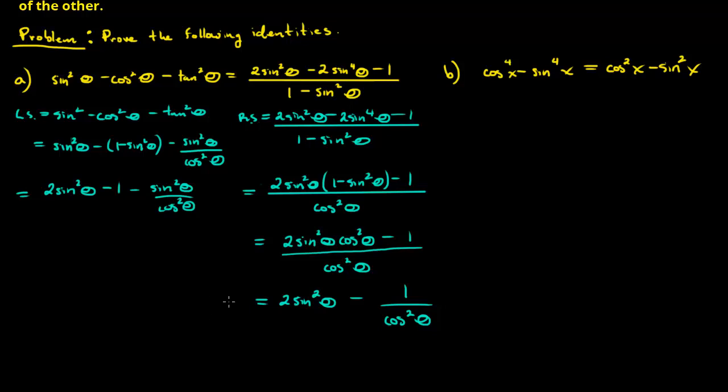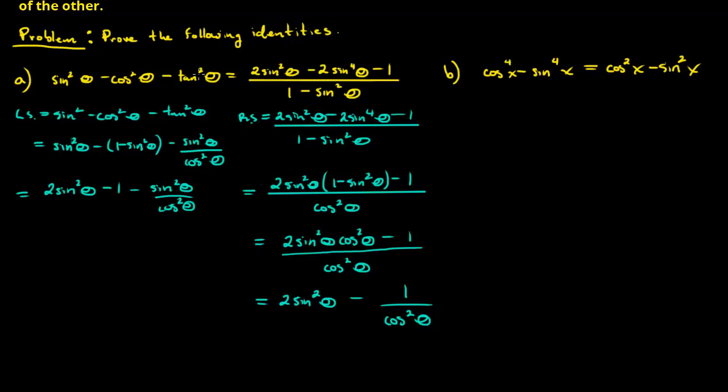So now I've got to show that the left side is equal to the right side. I have 2 sine squared theta minus 1 minus sine squared theta over cos squared theta, and I'm tasked with showing that it is equal to 1 over cos squared theta.